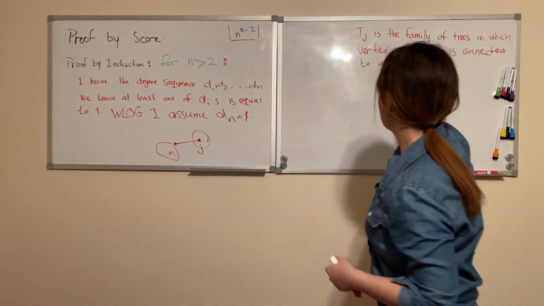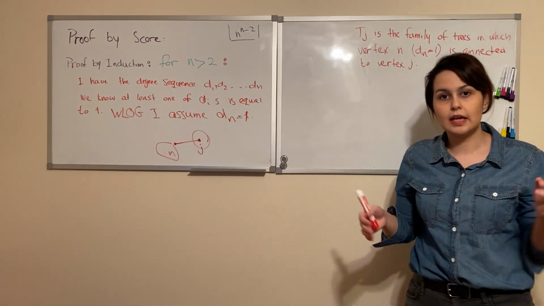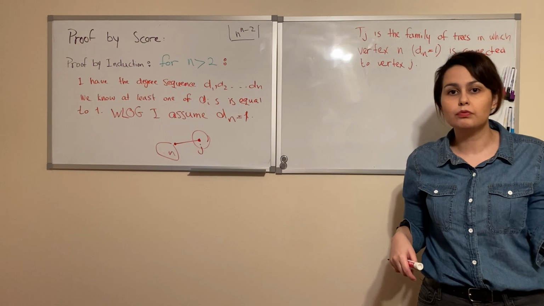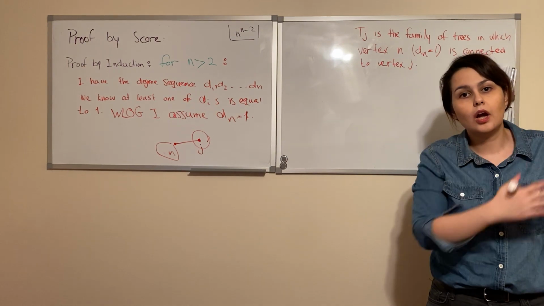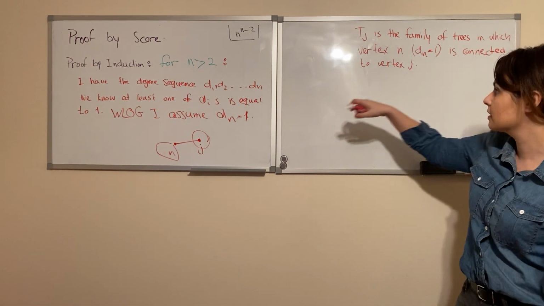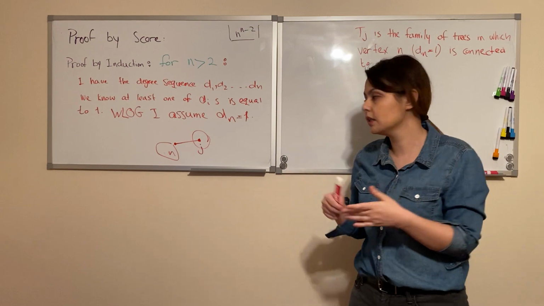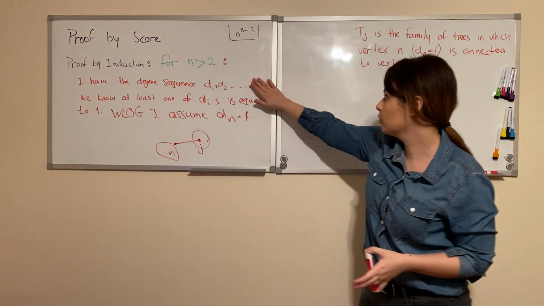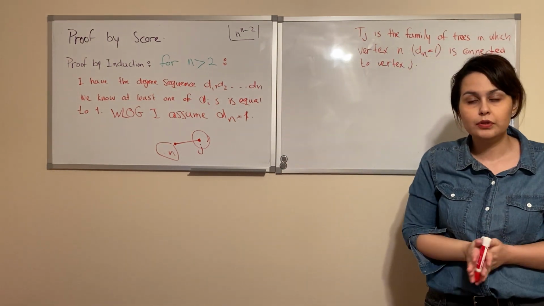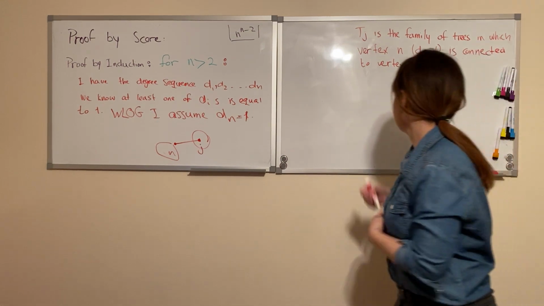So for each of these Tj's, where n is connected to 1 or 2 or 3, I have a spanning tree with the same degree sequence, but dj minus 1 and no dn, because dn is removed for K n minus 1.